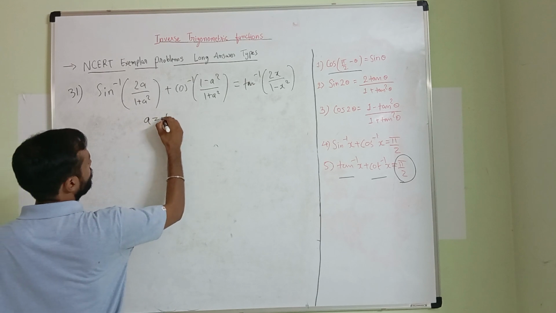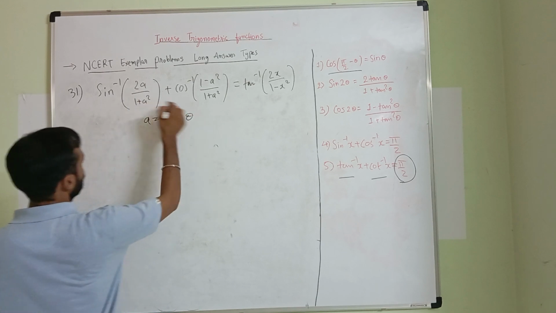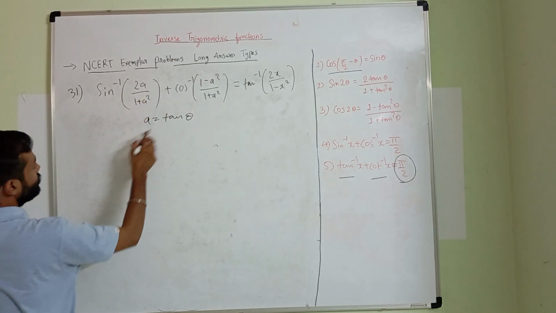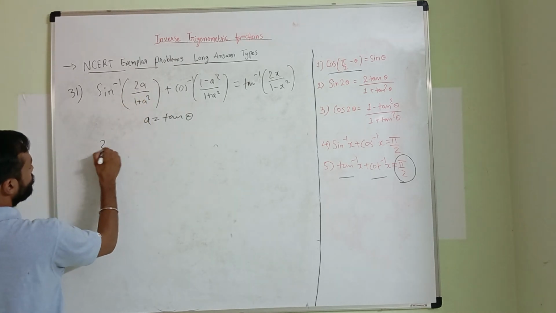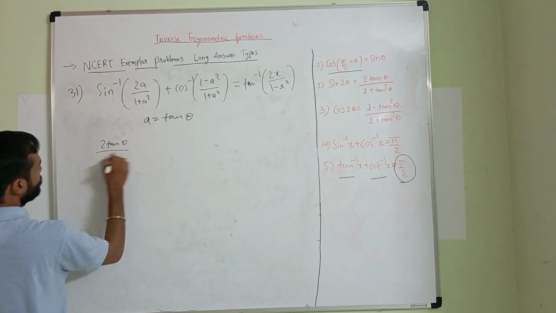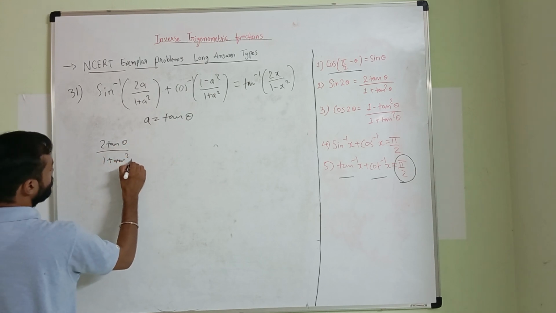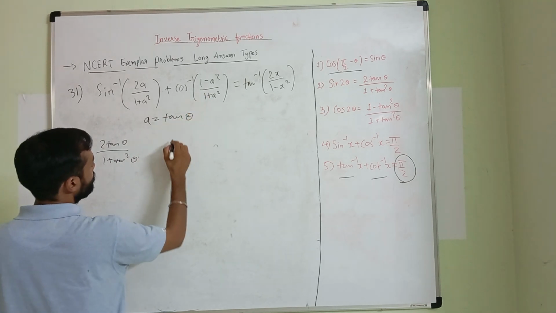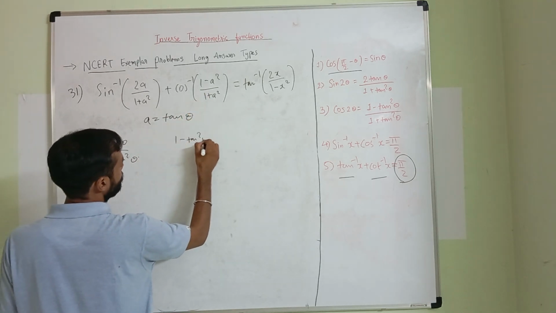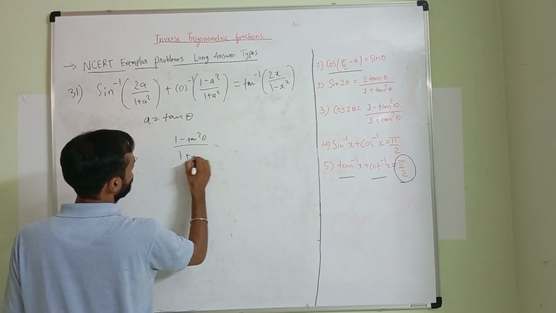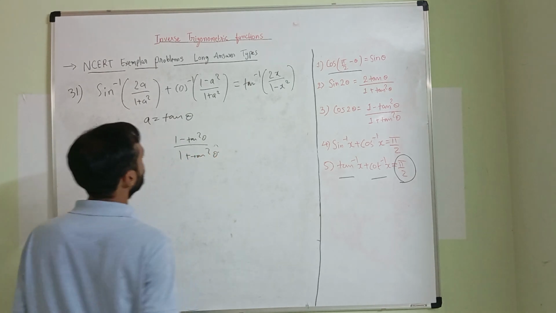So here a equals tan theta. Now placing this in the values, this will be 2 tan theta upon 1 plus tan square theta, and this will be 1 minus tan square theta upon 1 plus tan square theta.